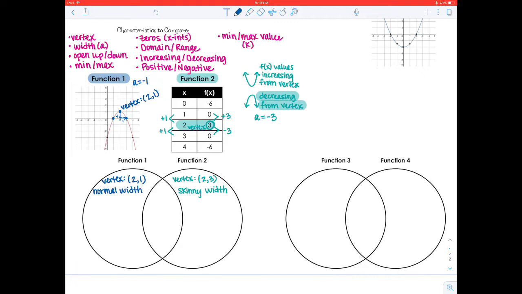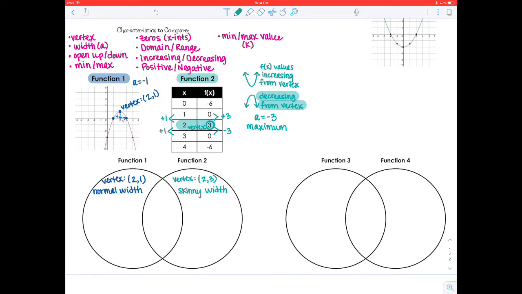Yep. So because it's opening down like that, we know that it has a maximum here. And our function 1 also had a maximum value because it's also opening down.